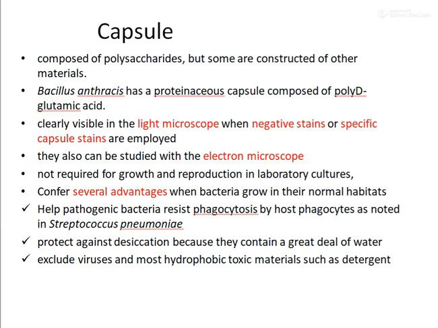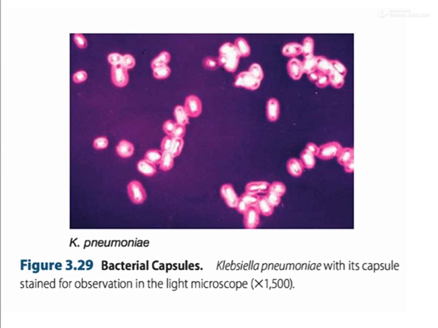Another factor is that various viruses as well as toxic materials such as detergents can be excluded, or the bacteria can be protected from such materials with the help of a capsule. Now, how does a capsule look? This is a picture of Klebsiella pneumoniae with its capsule. Outside of the cell there is a halo-like structure that is referred to as a capsule.